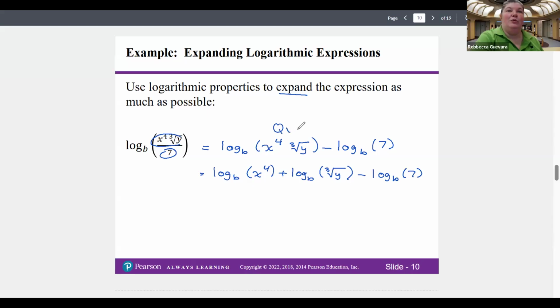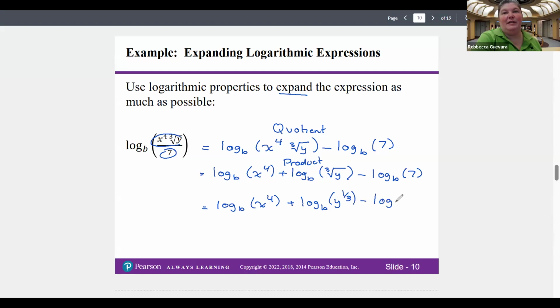So I used the quotient rule because I had a quotient. Then I used the product rule so I could get at the product. And now I can use the power rule. So let me write this one more time. This is log base b of x to the fourth plus log base b of, instead of saying the cube root of y, we're going to say y to the power of 1/3.